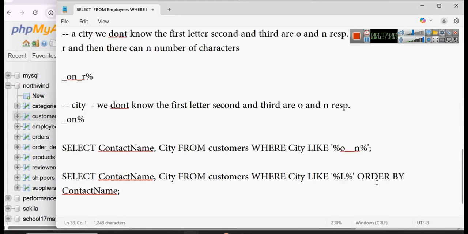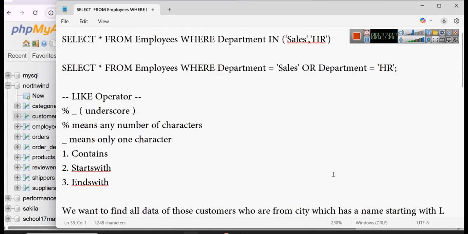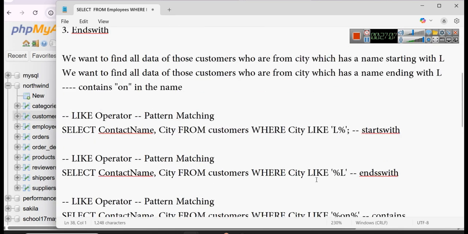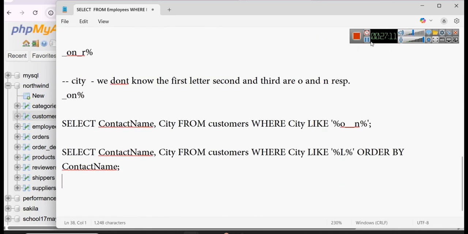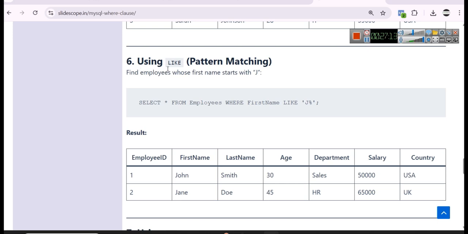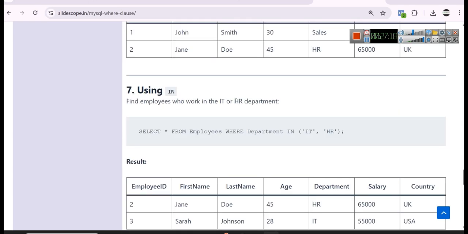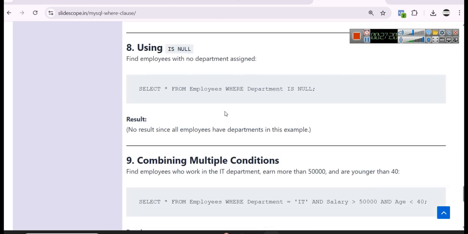Question number 21, and I have also given multiple questions here that you are going to practice today. So this is how we use like or pattern matching. The IN operator is also done.